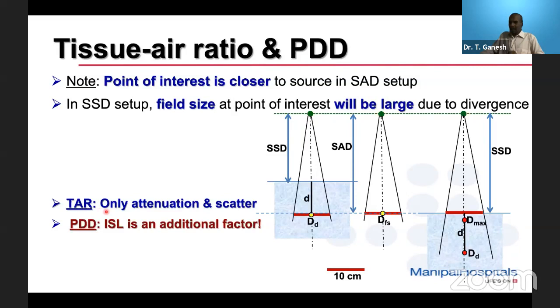So in tissue air ratio, we consider only the attenuation and the scatter. Whereas in PDD, the same attenuation is there, scatter is also there. In addition to that, there is the inverse square law because the points are at different distances from the source. So in PDD, inverse square law is an additional factor. In TAR, it is not.